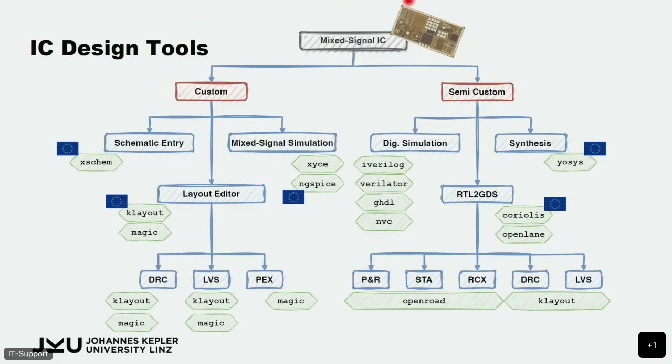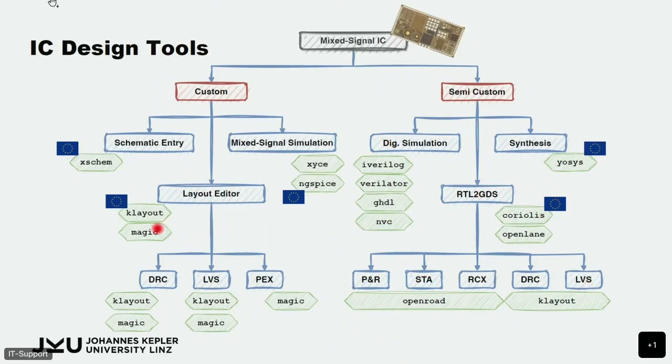For semi-custom, it's pretty much the OpenLane, OpenROAD flow for the RTL to GDS. There's also Coriolis from Europe. For the synthesis, it's Yosys. There are a couple of digital simulation tools, and then, as I said, the place and route tool based mainly on OpenROAD, OpenLane, and KLayout. So I think digital is pretty well established.